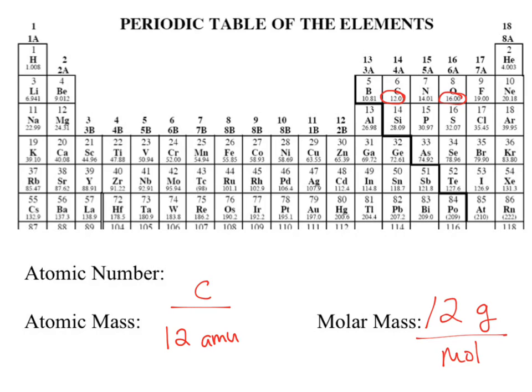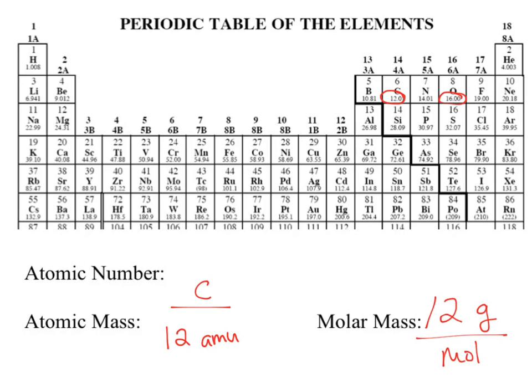So they picked a single numerical value to represent a mole that allowed the atomic mass value we pull off the periodic table to be the exact same as the molar mass. Why does this become important? Atomic mass values we can't do much with. Molar mass values we can do something with, because that gives us a number of grams that we can use.